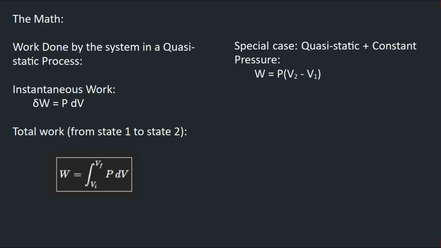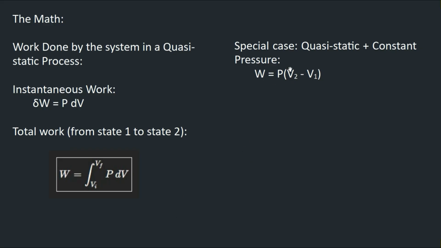So mathematically, what do we do? We define work, because end of it, everything has to do with work and energy. That's the whole point. So we need to define work for quasi-static also. So delta W is equal to P into delta V. And the total work will be adding up all the changes, so basically we have to use integration.